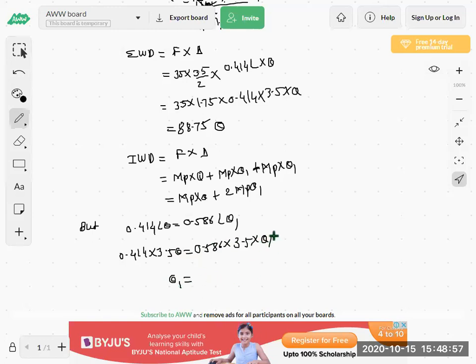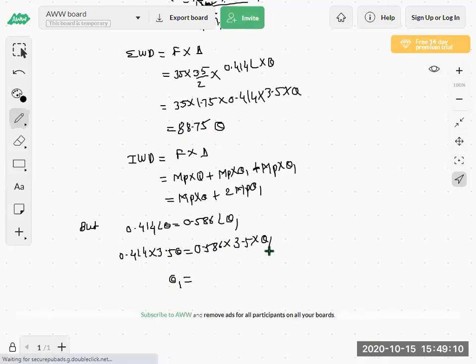Why are we calculating the value of theta 1 here? Because external work is in terms of theta, and in the internal work done, theta 1 is unknown. So if we calculate theta 1 in terms of theta, we can equate and theta gets cancelled.